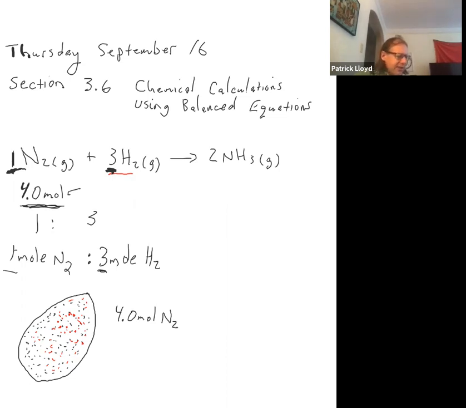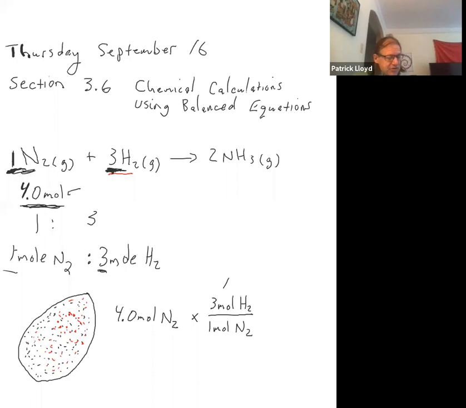And it's 3 hydrogens for every nitrogen. So I'm going to multiply that by 3 moles of hydrogen for every 1 mole of nitrogen. Okay, so I've written that as a conversion factor. And that's one of the things that we want to practice doing in here.